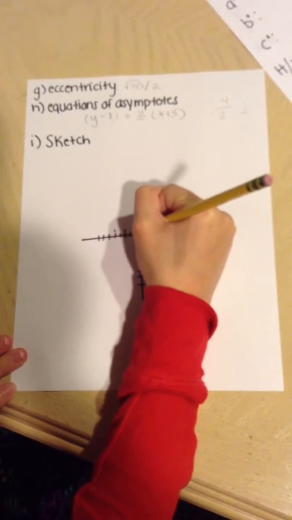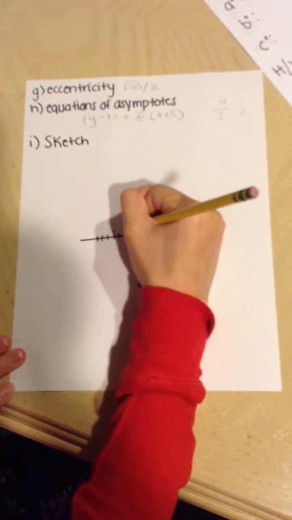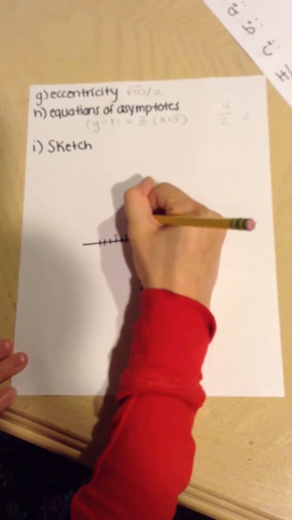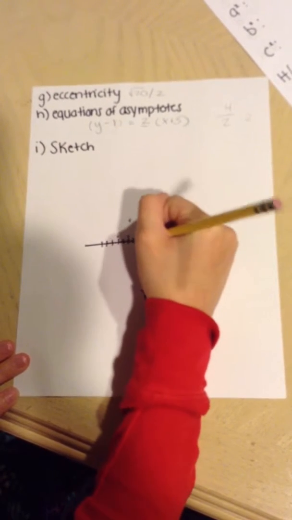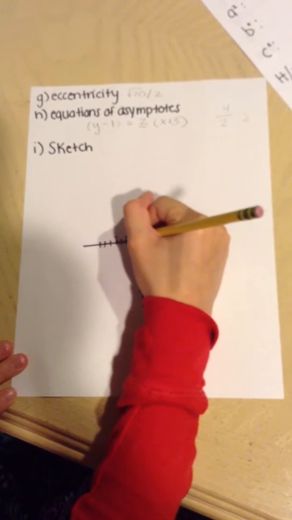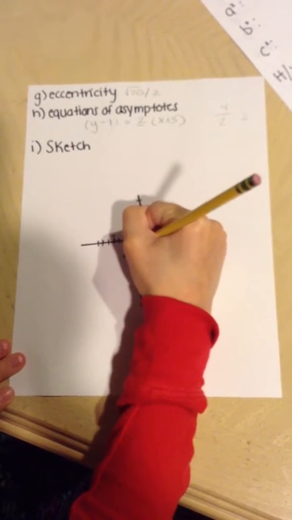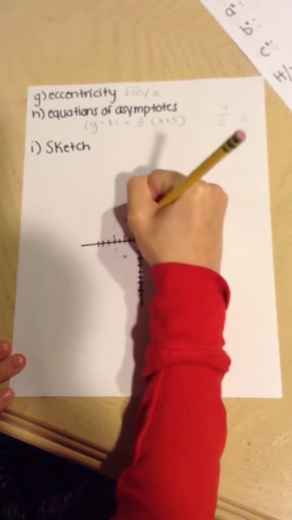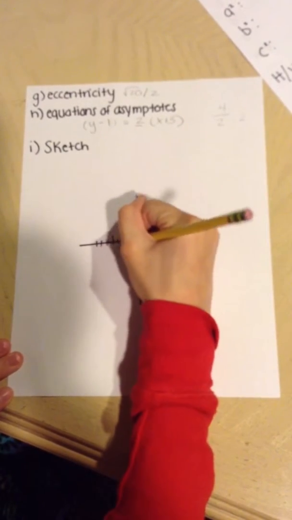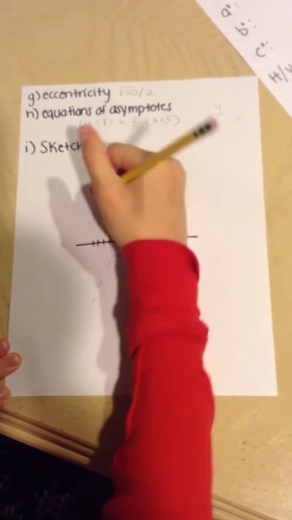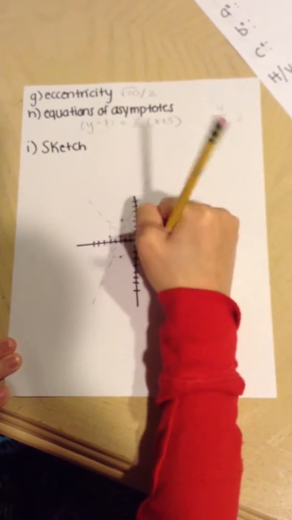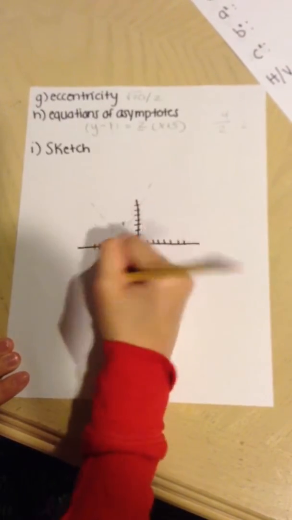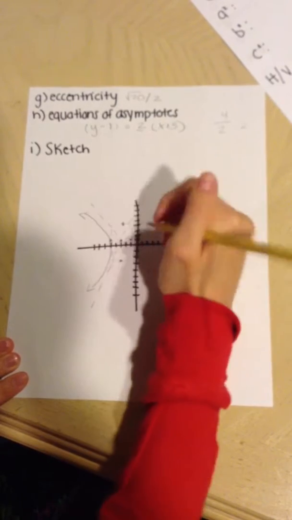Then we plot the co-vertices at negative 3, 5, and then negative 3, negative 3. Then we can make that into a box where the asymptotes go through like that. And then you know that your sketch is going to look like that.